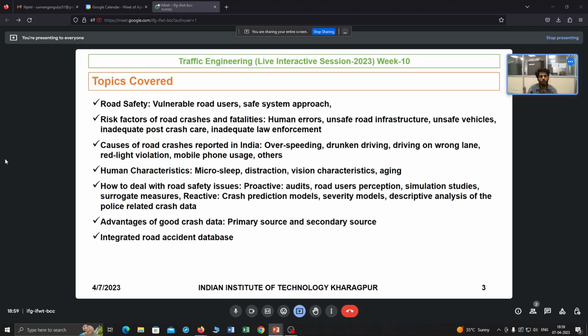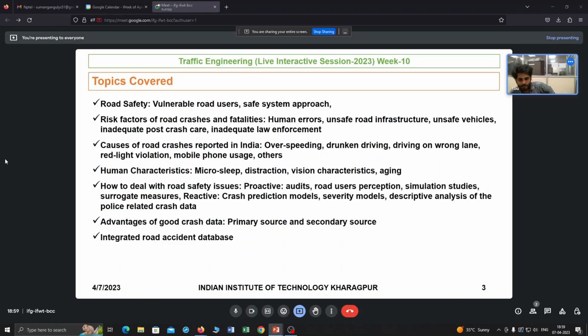Proactive approach means that before anything happens, before any accidents in the real field, we want to take some proactive measures so that it doesn't occur in the first place. And reactive means after it has occurred, we see how to improve the roads.